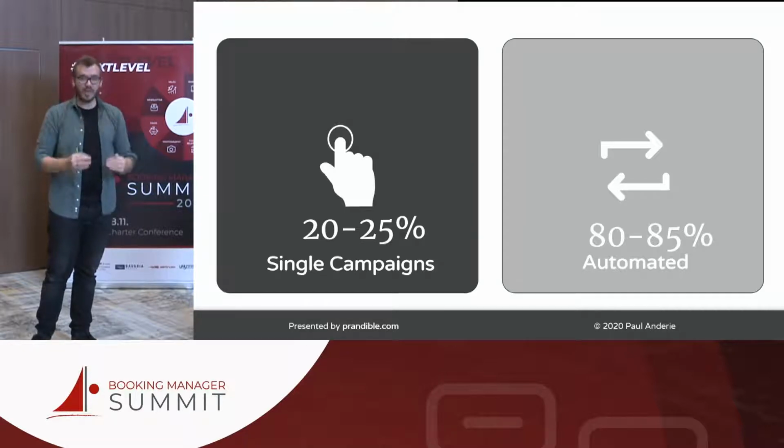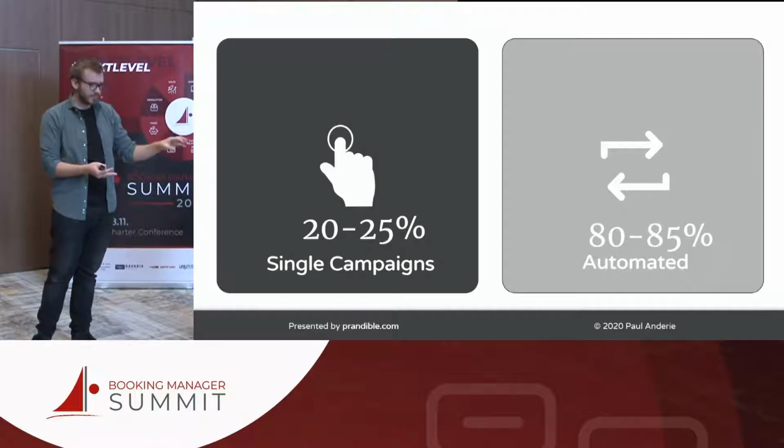You just need to set up one template and then tag a person, and I can show you how that's done. And then automate this kind of confirmation or a reminder, for example, if someone didn't book last year, those kind of emails are then opened on average 80 to 85%.